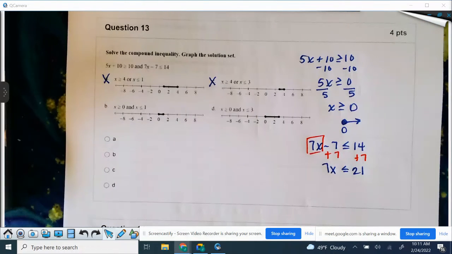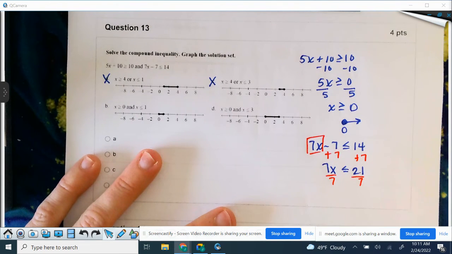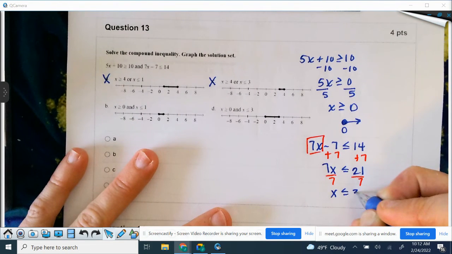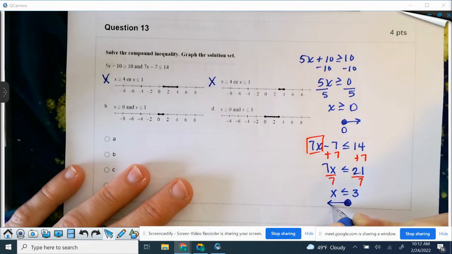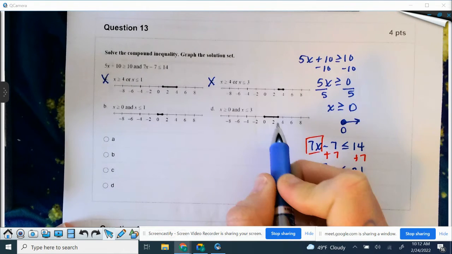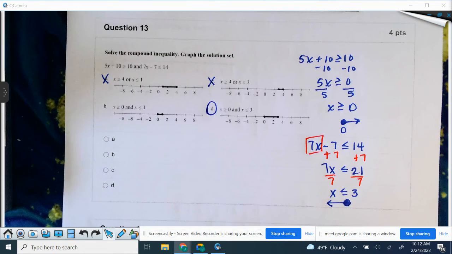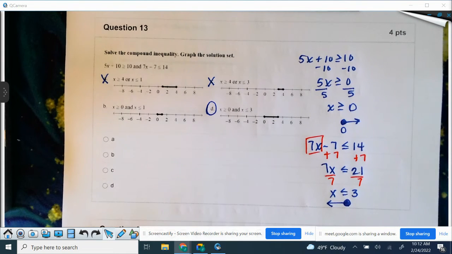I'm going to divide both sides by 7. X is less than or equal to 3. So it's going to be a solid circle at 3 and then shaded to the left. So this solid circle is at 1. This one is at 3, so our answer is D. Or if you read the answer choices above it, then you know your math was right as well.